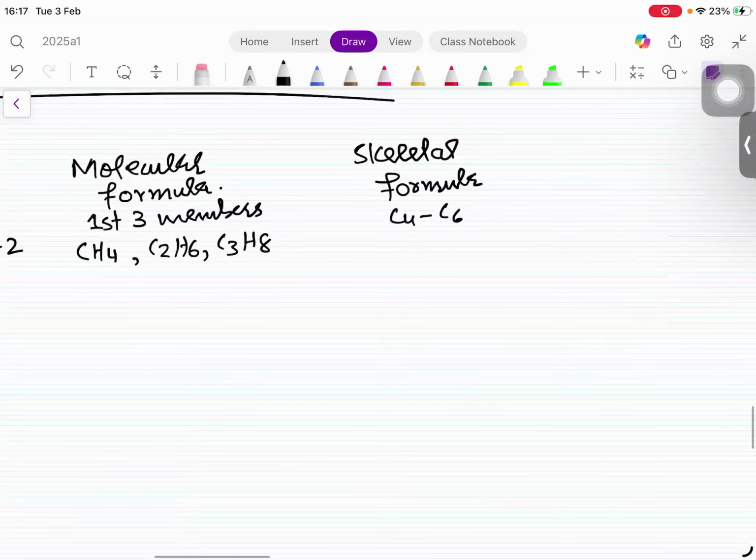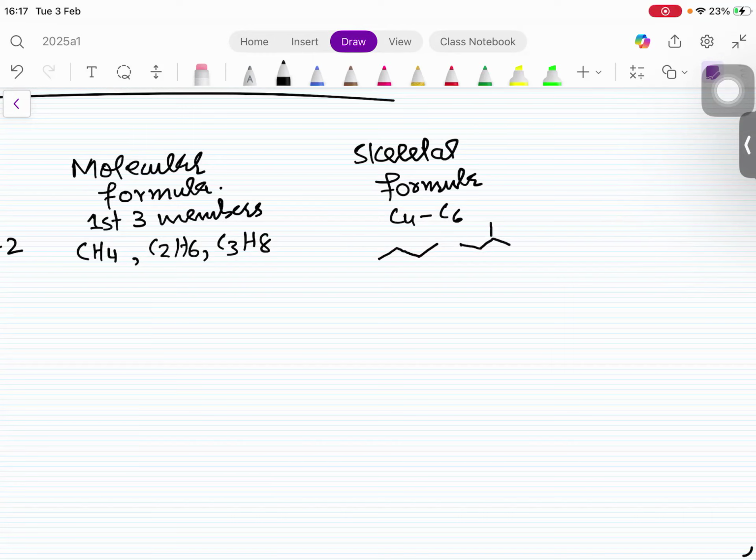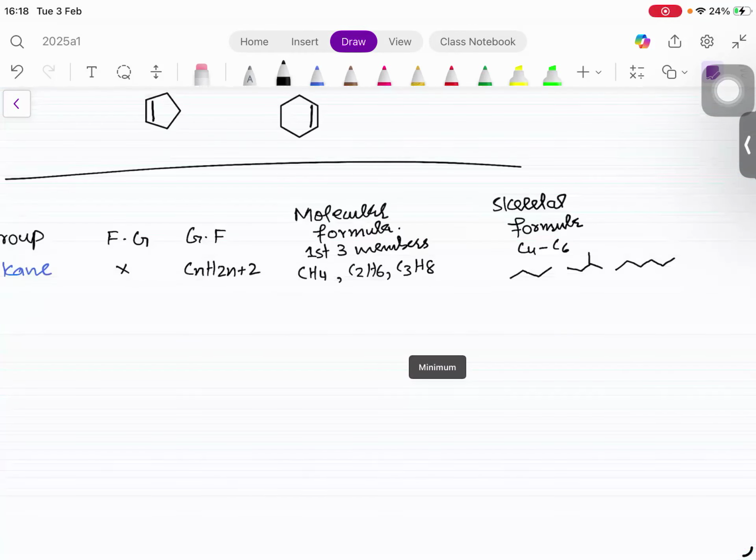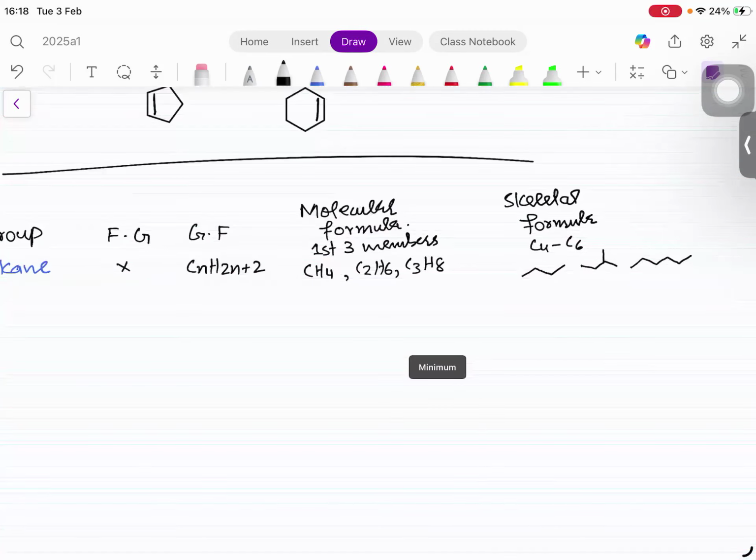For example, for 4, I write straight. For 5, I can write in the form of a branch. This is 5 carbons in which 4 are in a straight chain and 1 is in the branch. And then 1, 2, 3, 4, 5, 6. Right? So these are 3 different compounds. So you have to draw the skeletal formula for 3 compounds. So this is your homework.